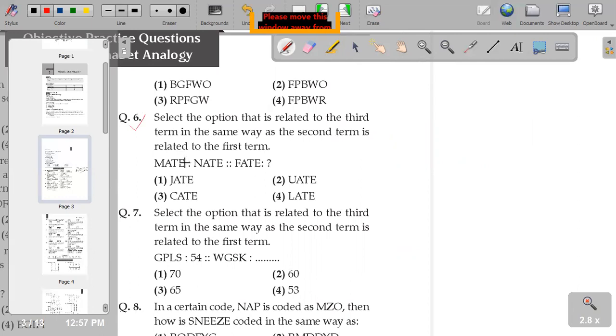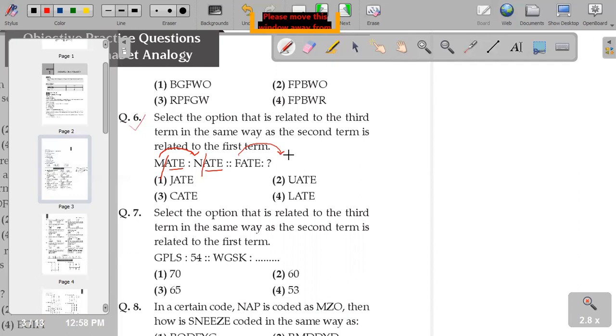So mate is written as mate. We are saying that to M we will add 1, it will become N. And the next three alphabets just remain kept at their position. So we will do it in a similar fashion because we got to know the pattern.